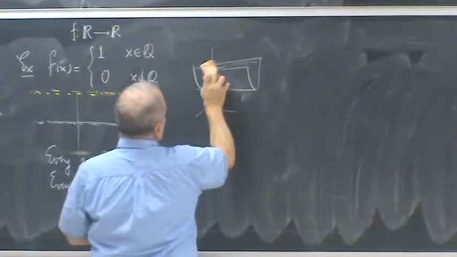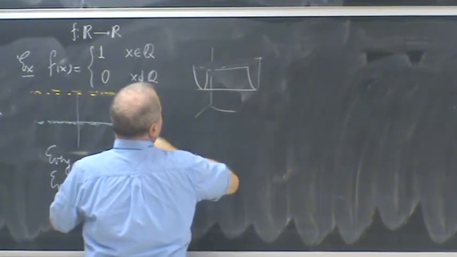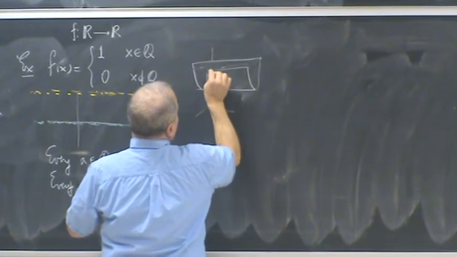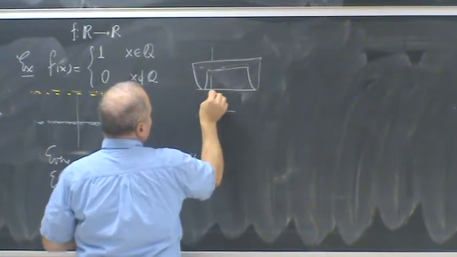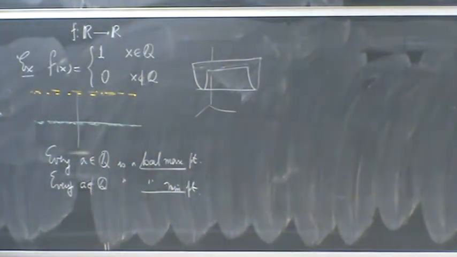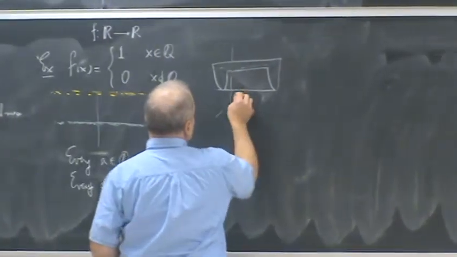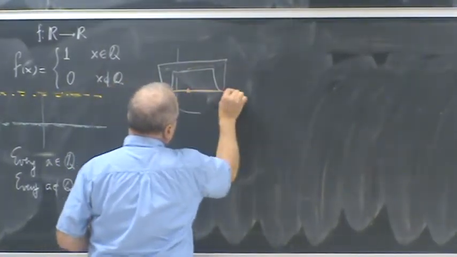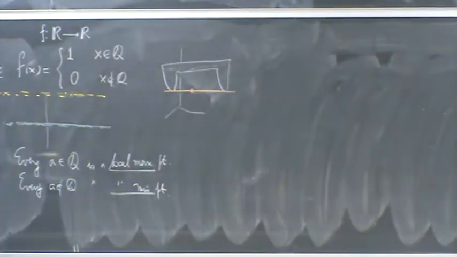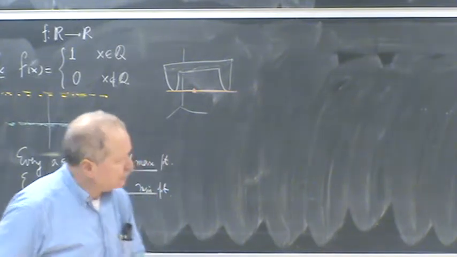Well, you get the idea. All these points on the low end of the trough are local min points. Even though there's a whole line of them, they're all lower than everybody nearby, or equal to in height. Okay.